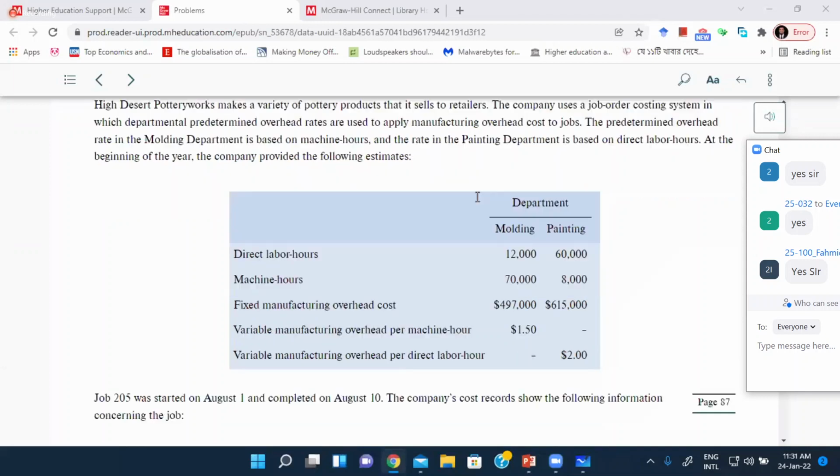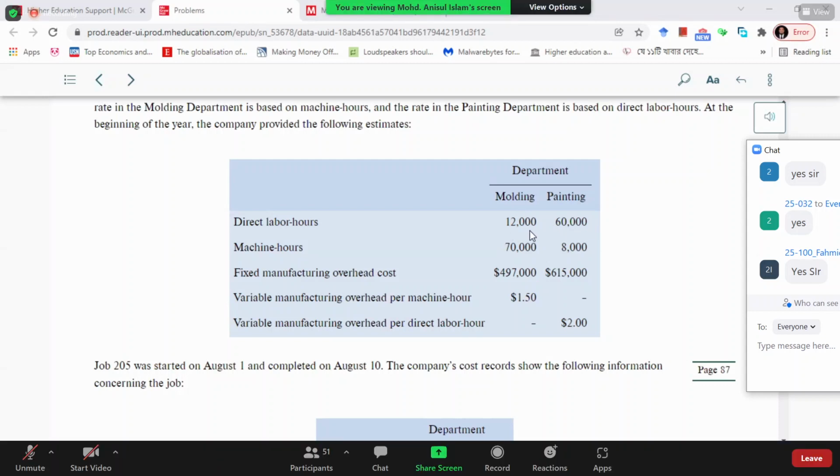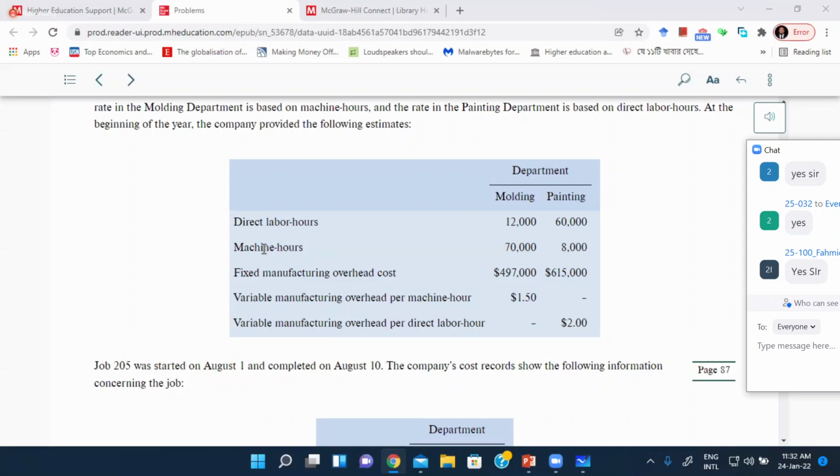So we have some information for calculating those. Direct labor hours used in the molding department is 12,000 hours, and the painting department is at 60,000 direct labor hours. So from this direct comparison, we see that the painting department uses more direct labor hours. And if we see the next item, machine hours, we see that the molding department uses 70,000 machine hours, while the painting department uses 8,000 machine hours.